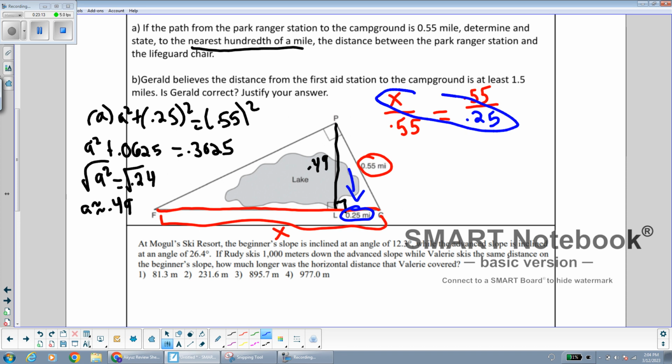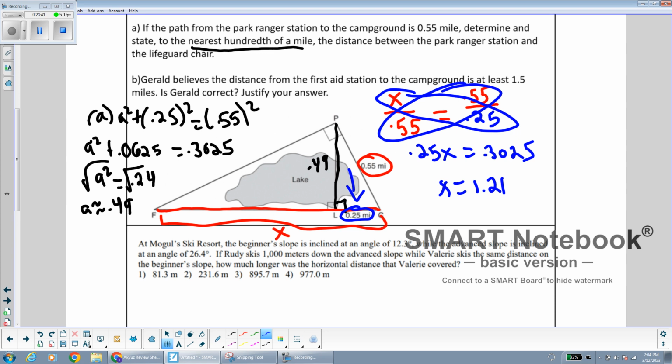From here, I'm just going to cross multiply. 0.25x is equal to, let me multiply the other way, 0.55 times 0.55, and that's 0.3025. Dividing that by 0.25 to get x by itself, I get x is equal to 1.21. Is that at least 1.5 miles?